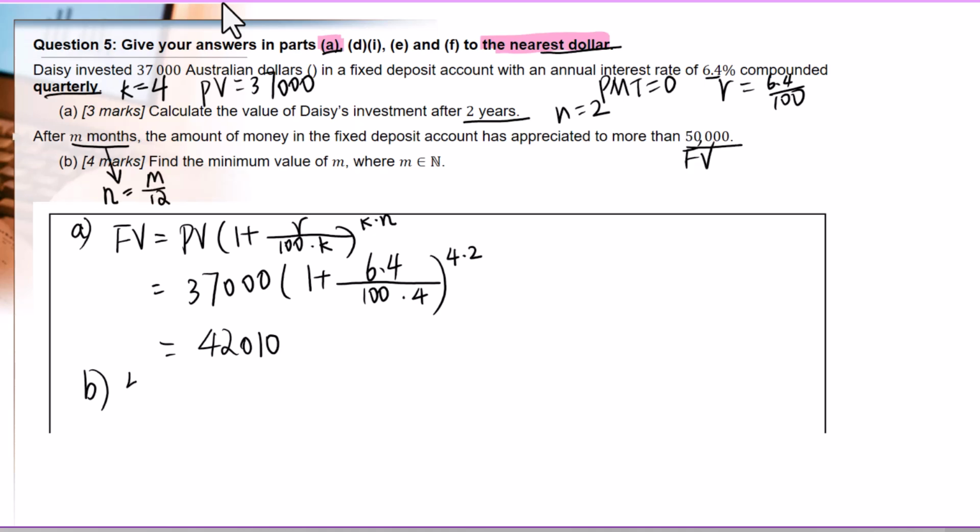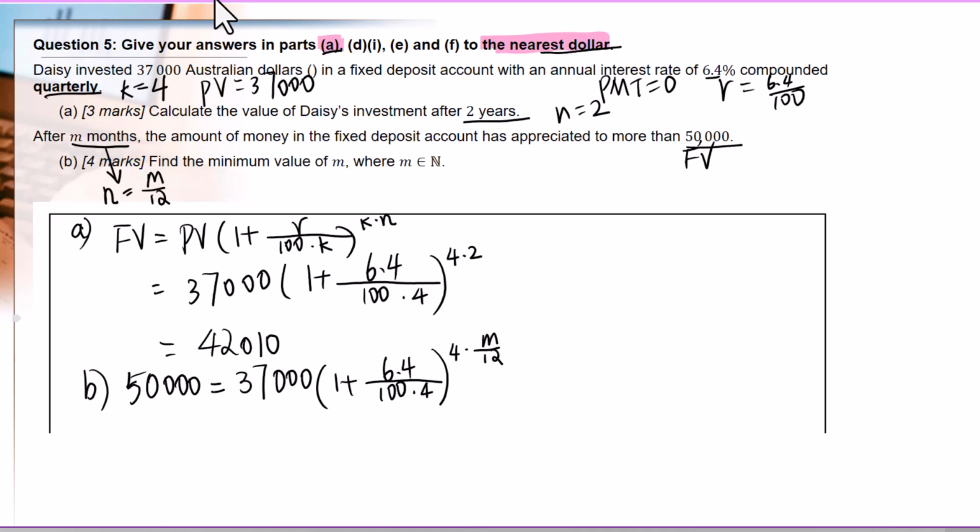Now future value is $50,000. $50,000 equals PV, still $37,000, times (1 plus 6.4 over 100. K is still 4) to the power of 4 times M over 12.